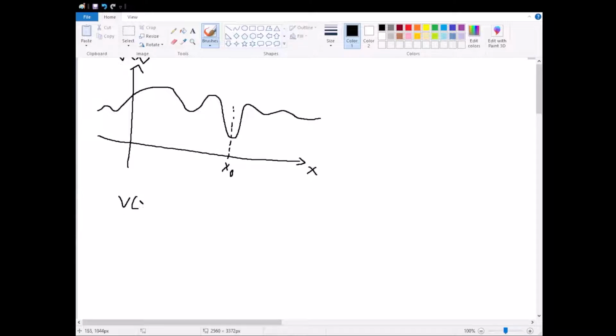So V of x, expressed as a Taylor series about this minimum x naught, is going to be equal to V of x naught, plus V prime of x naught times x minus x naught, and then we add 1/2 times V double prime of x naught times x minus x naught squared, and so on and so on for this Taylor series expansion.